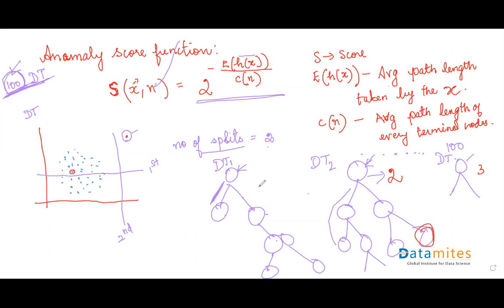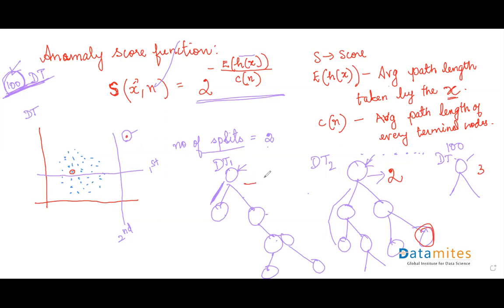So the number of splits in each decision tree differs for a single data point. Now it will see how many splits have been taken for each data point, and it will get the average path length taken by each data point. It is going to calculate the average.